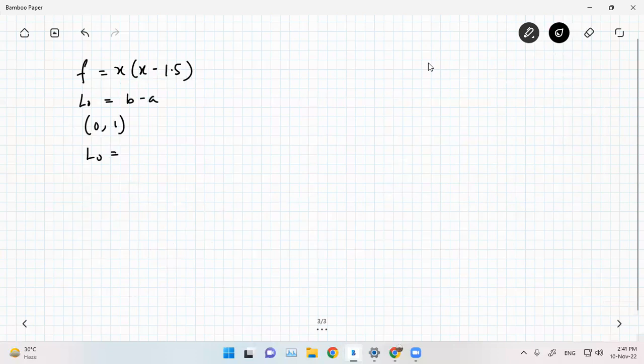So L0 was 1 minus 0, which is 1. Also, in this condition, it is given within 10% of the exact value.